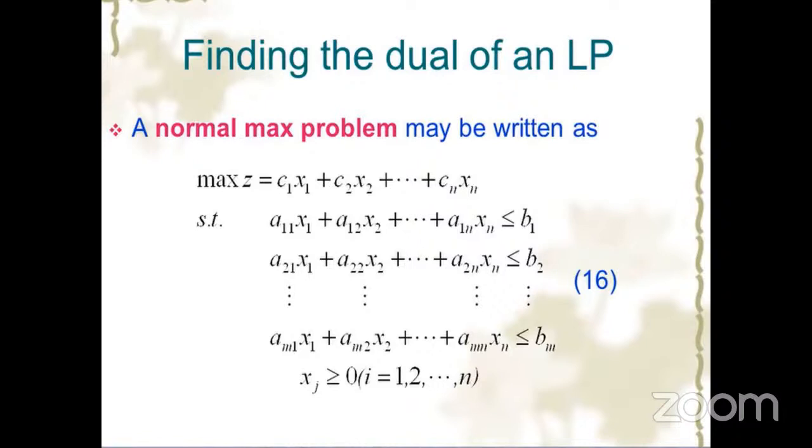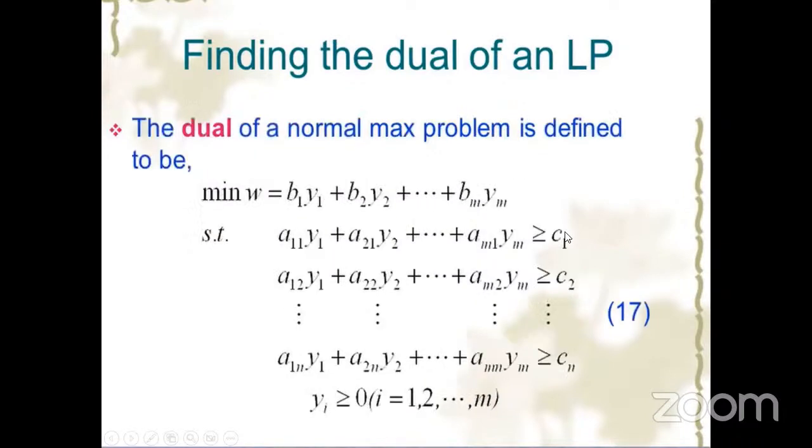If you find the dual of this maximization problem, it becomes minimization of w, where instead of x1, x2 we consider the variables y1, y2, yn. The dual of the normal maximization problem is defined to be minimization of w equals b1 y1, b2 y2 up to bm ym.